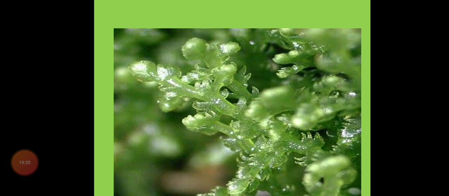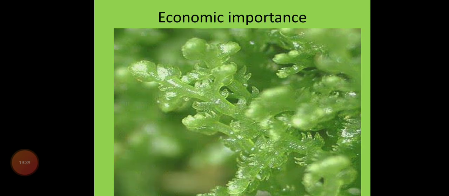Next we learn about the economic importance of Bryophytes. How are these Bryophytes useful to human beings? Look at the picture. This is one of the Bryophytes, Bryopsida group, Sphagnum, which is mainly used as a fuel.